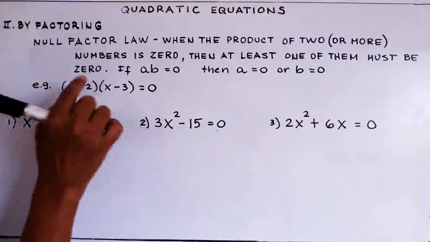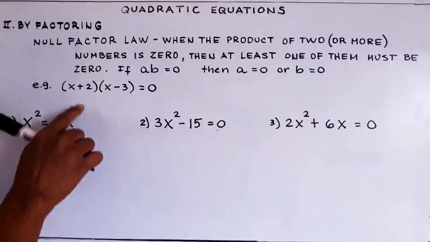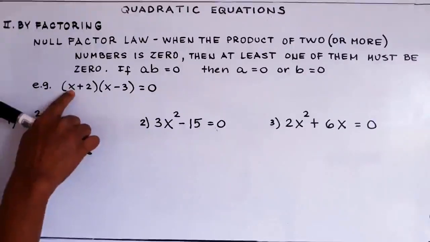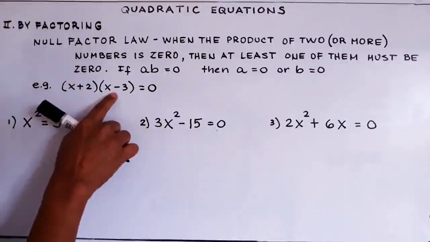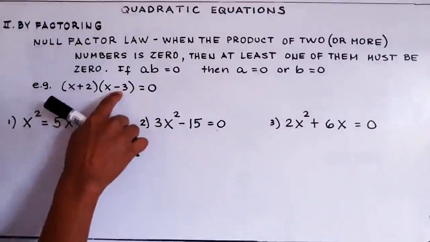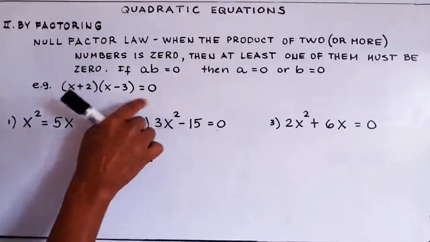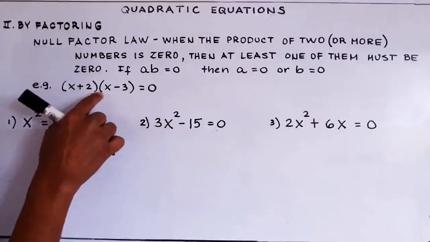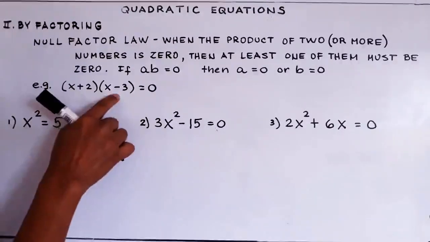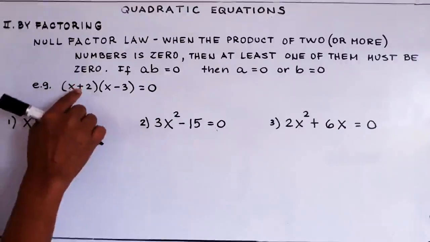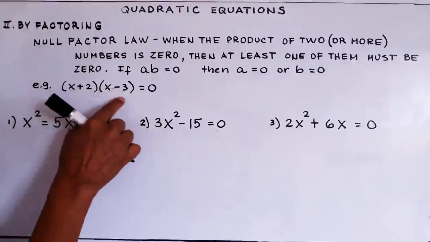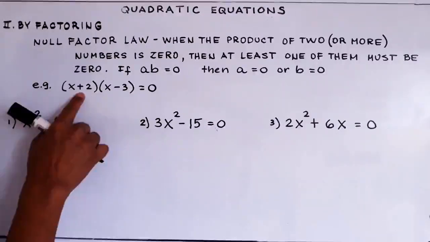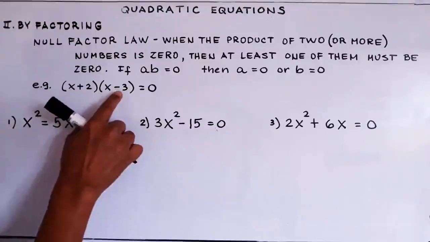Transpose 2 to the other side, and we have negative 2. That's the value of x here. Here, we transpose negative 3 to the other side, so it will become positive. So the solutions of x, if you want one of them or both of them to be 0, are negative 2 and positive 3.